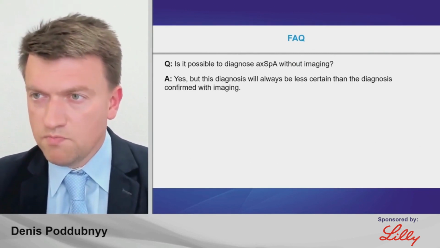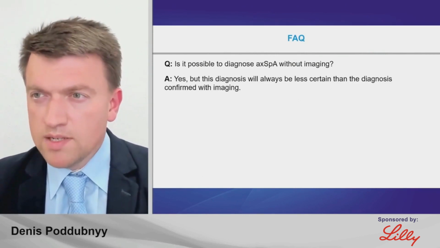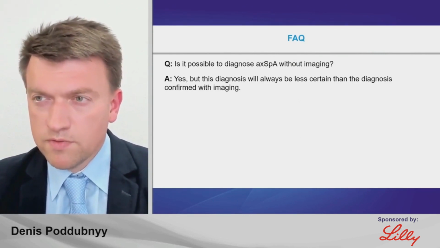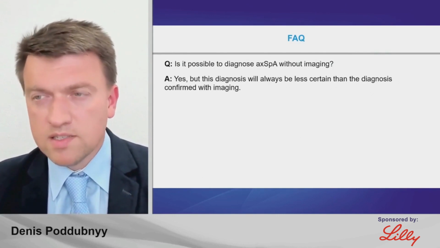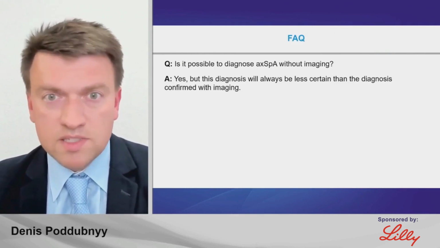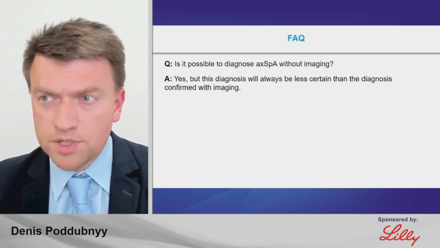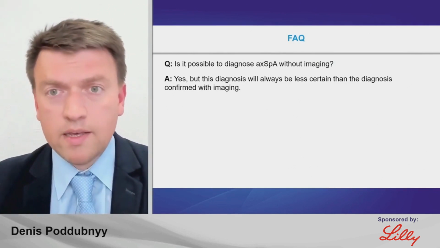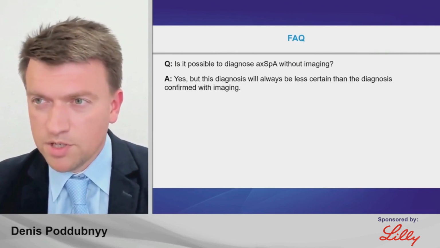Why is it so? Very easy, because imaging is nowadays the only possibility to confirm the presence of inflammatory affection of the axial skeleton, and there are no diagnostic or clinical tests which would help us to differentiate between mechanically induced back pain and back pain caused by inflammation.